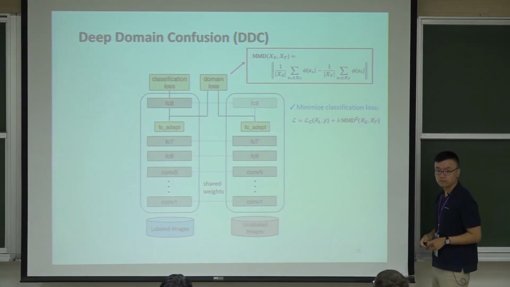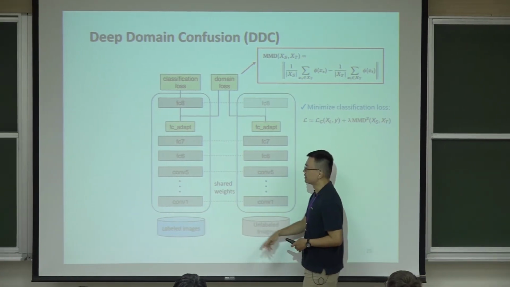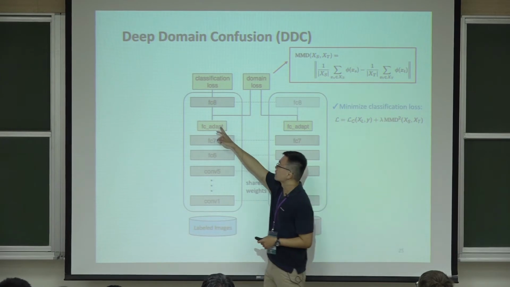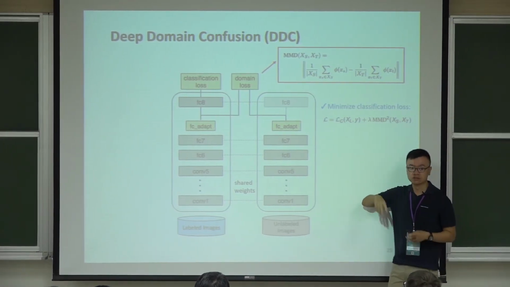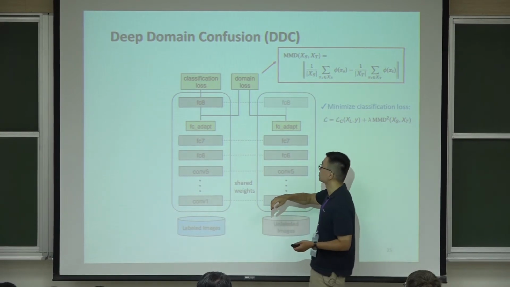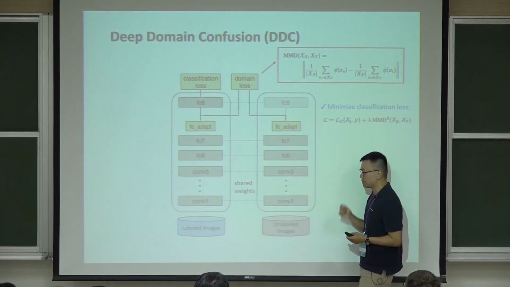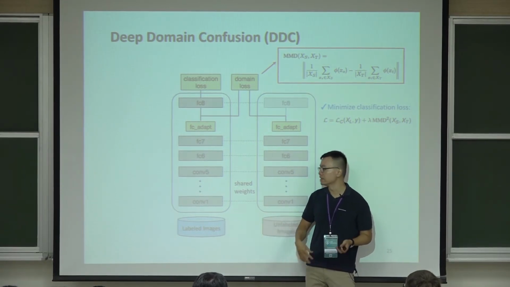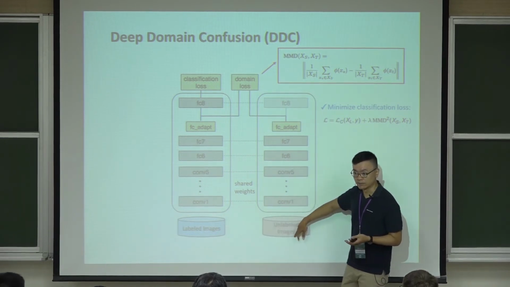So what did they do? For the source domain data, once they reach the feature layer, one thing is they go ahead to calculate the classification loss. You use the softmax cross entropy to calculate the classification loss. At the same time, you will be able to observe both source and target domain data.